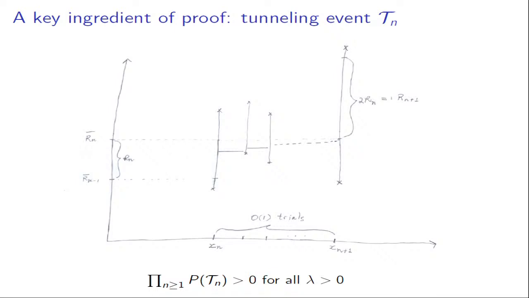Remember, now these bonds here are appearing at rate lambda, but lambda is fixed, can be small, and these intervals have size exponentially large in n. So the probability to connect this is exponentially close to 1 for any lambda. And then in the intersection, so this is a single tunneling event. When you intersect all of them, they are independent. Okay, so the probability to have them all occurring is positive.